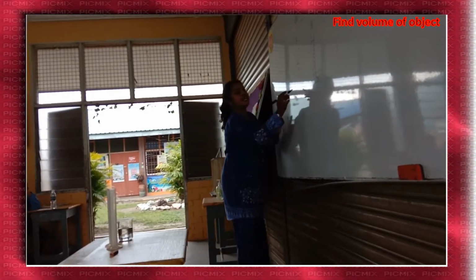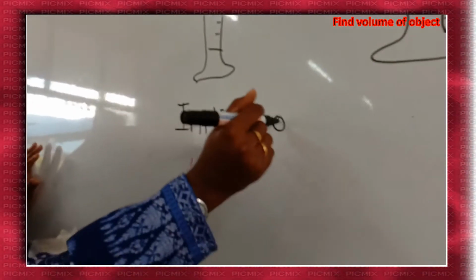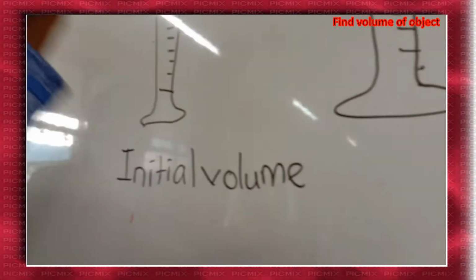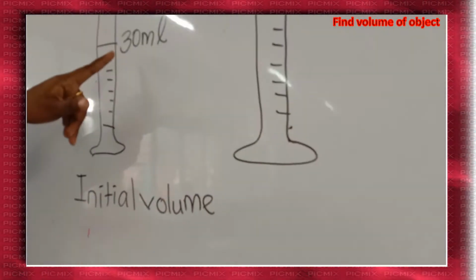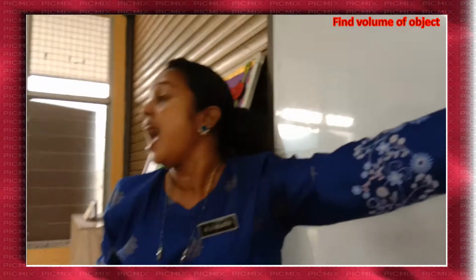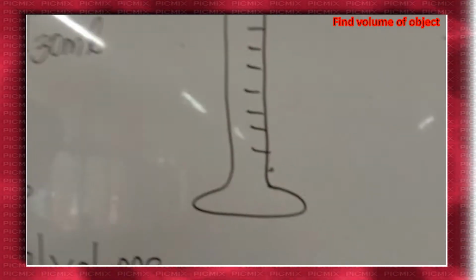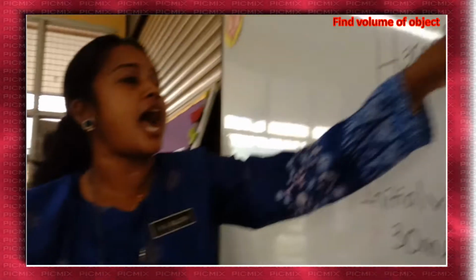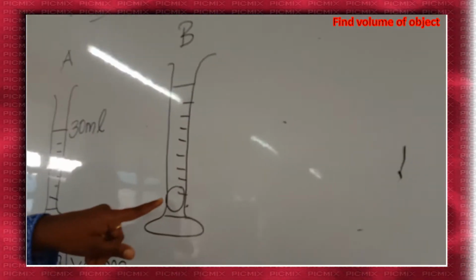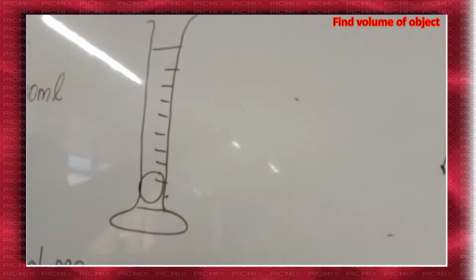This is my initial volume. For example, I write down here. What is my initial volume here? 30 milliliters. Okay, that's correct. And now, after I put a stone inside the measuring cylinder, is the water level up or down?